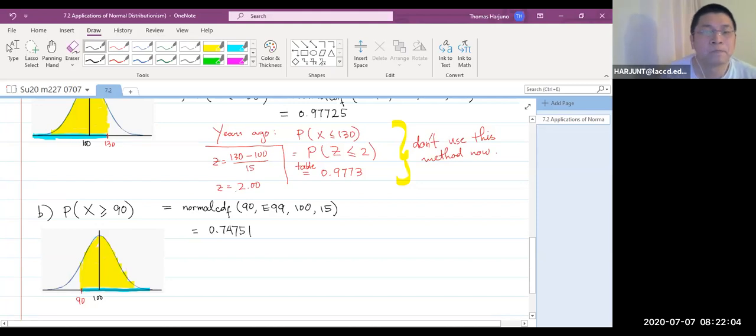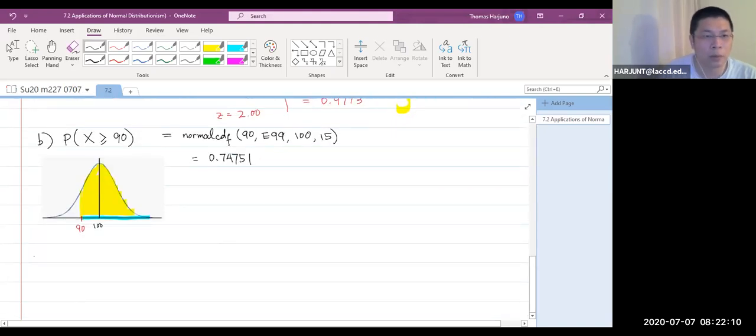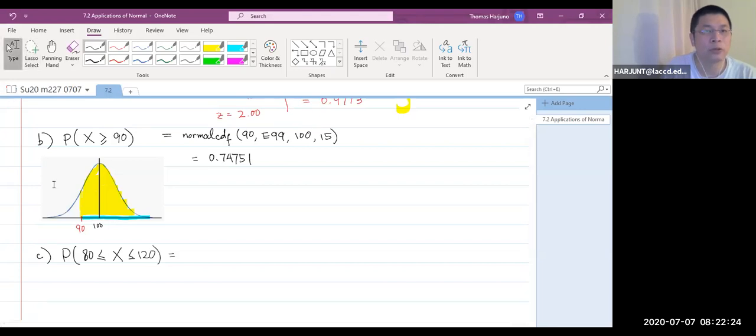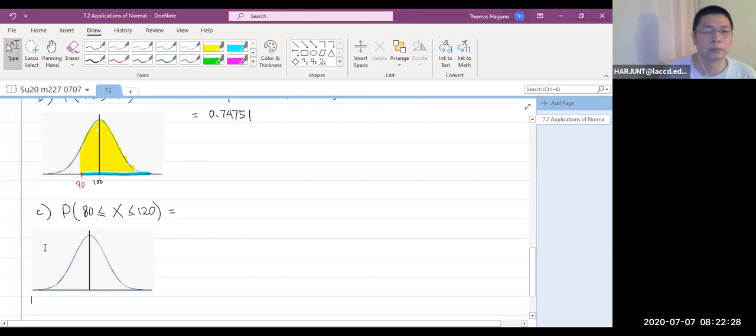How about the probability that a randomly selected adult has IQ score between, let's say, 80 and 120? You try to do it. So the mean is 100.